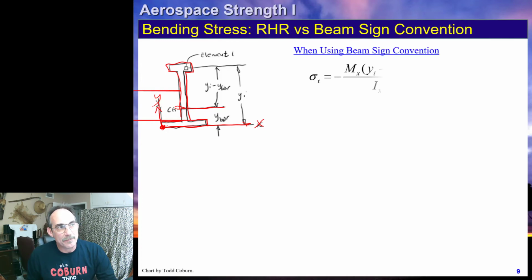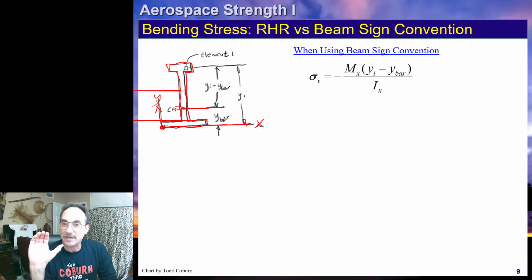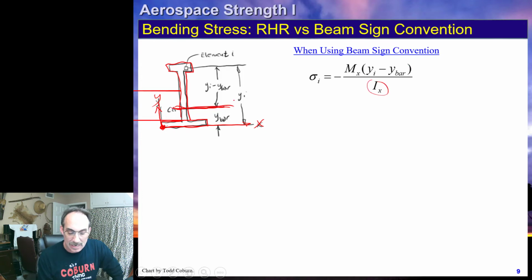If we want to use beam sign convention for calculating stresses, then we use M about the x, where M is defined as positive if it causes compression on the top. In that case, it's a bending moment like this, times y minus y bar over I. This M is about this horizontal centroidal axis. This I is about the horizontal centroidal axis. And then we're going to calculate y minus y bar.